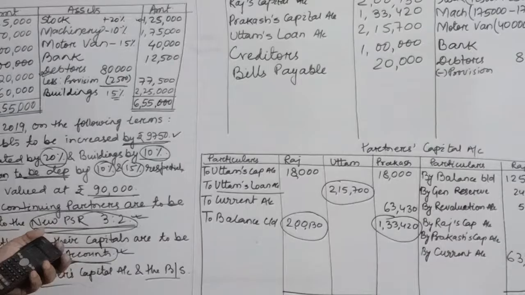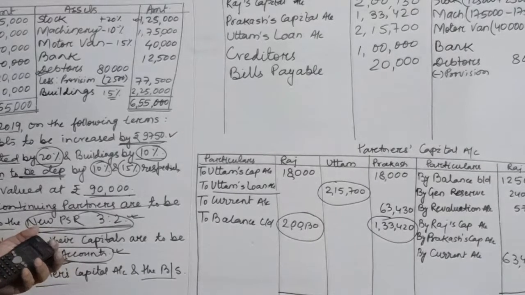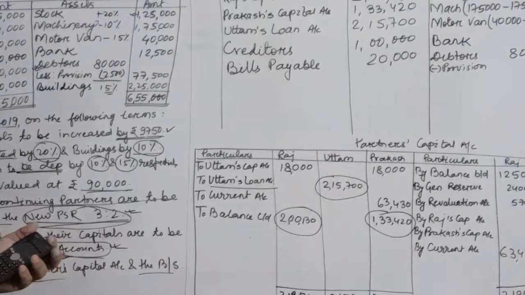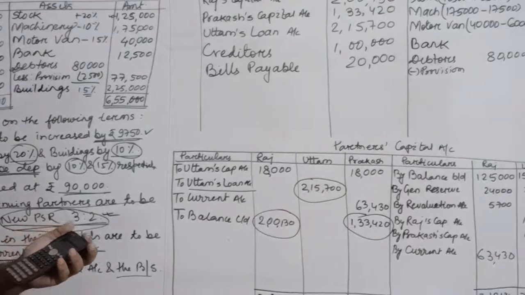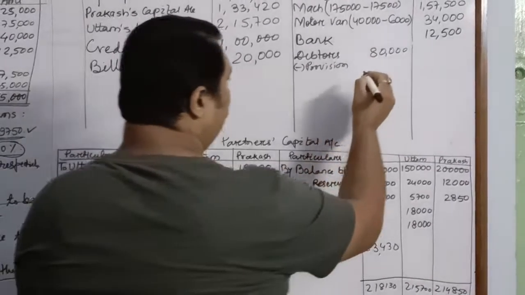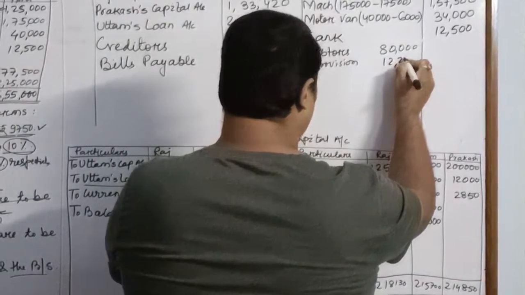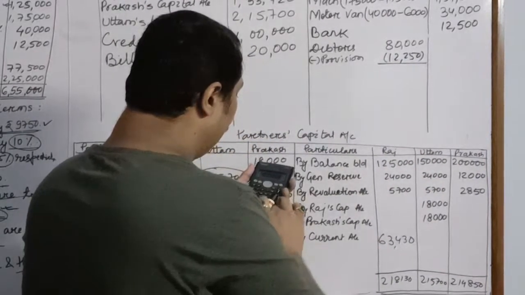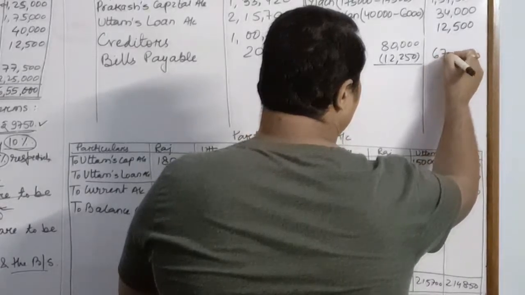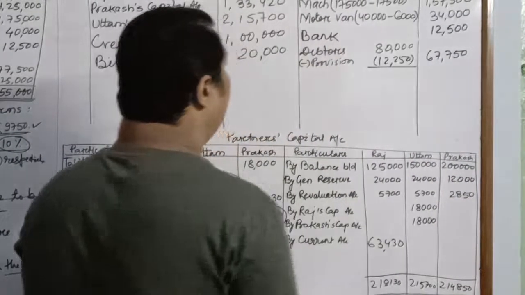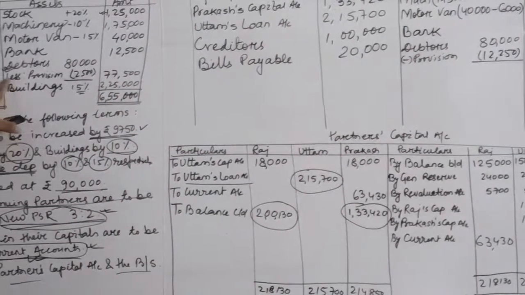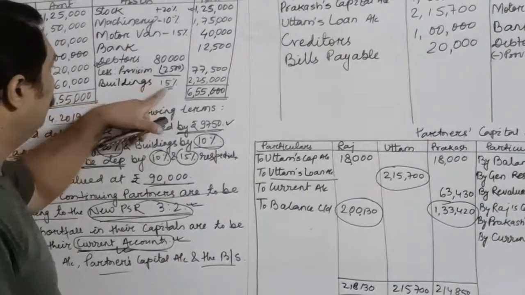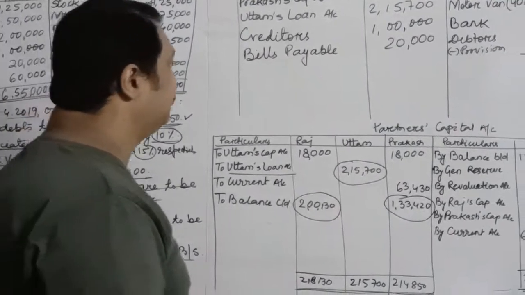So 2,500 plus 9,750, the total provision is 12,250. When you deduct from 80,000, the balance is 67,750.